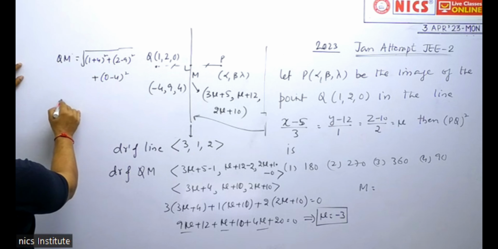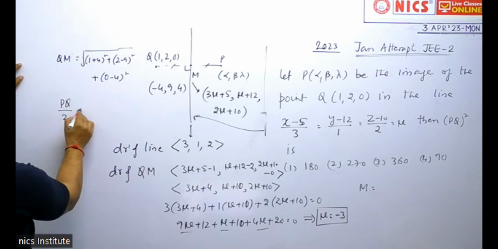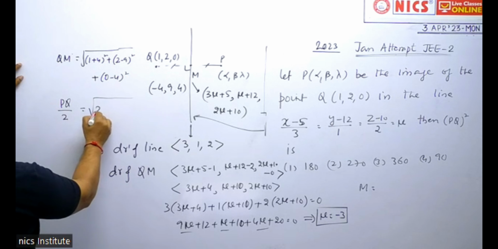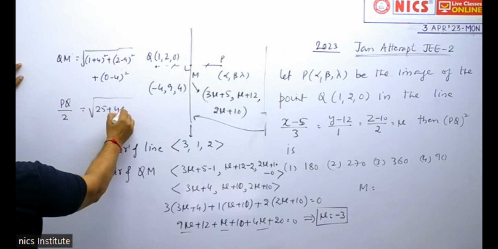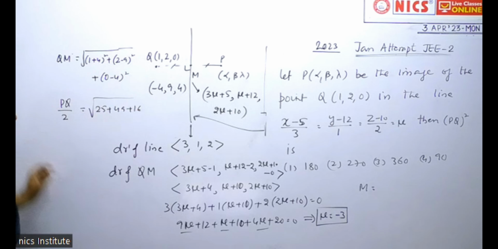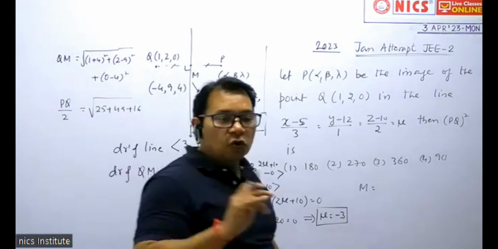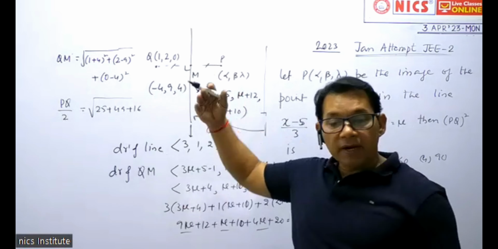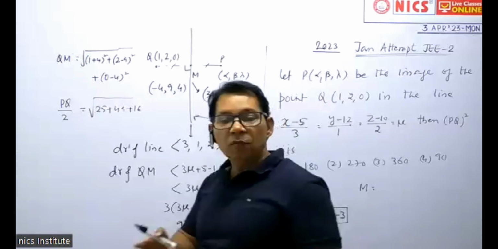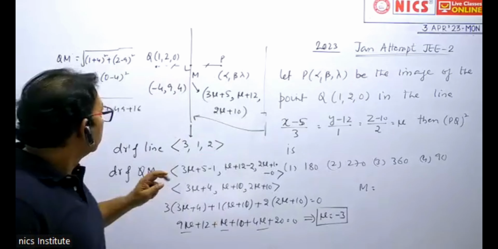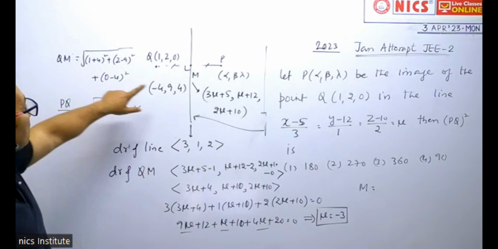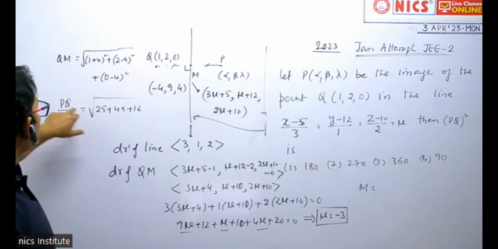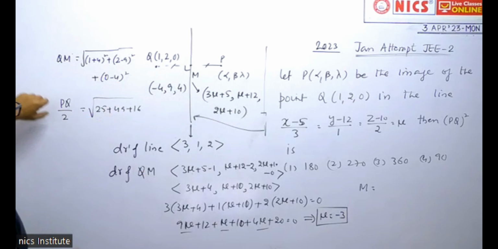QM is basically PQ divided by 2. 25, 49, 16. There's no point finding the coordinate of P. We can find that also using the midpoint, but there's no point doing that. Don't do that. You find distance QM using the distance formula. You know Q, you know M. QM is PQ by 2.